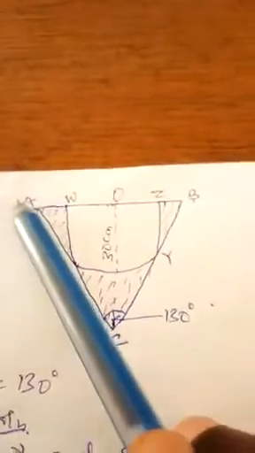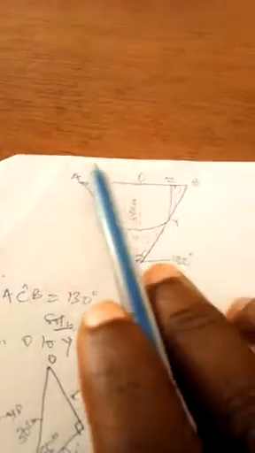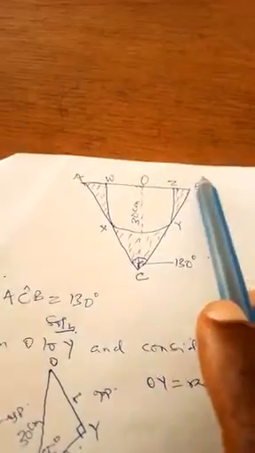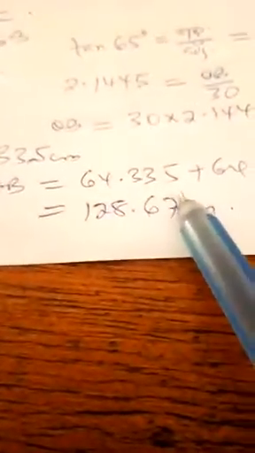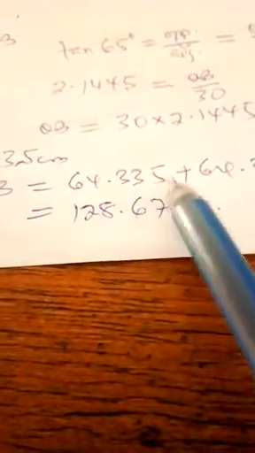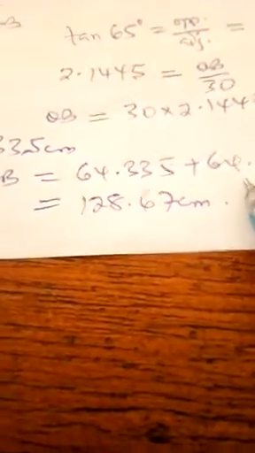They are equal. Therefore, AB will be OB plus AO. And that's what we have here. So that your length AB will be 128.67 cm.